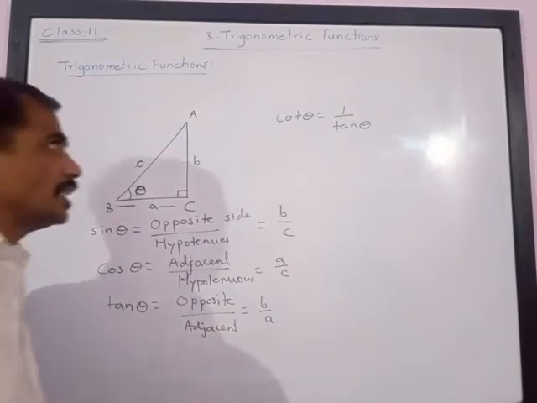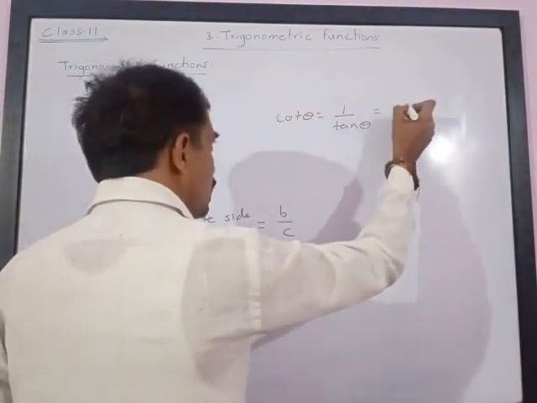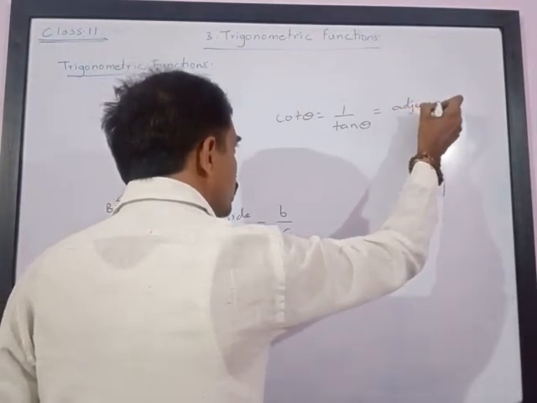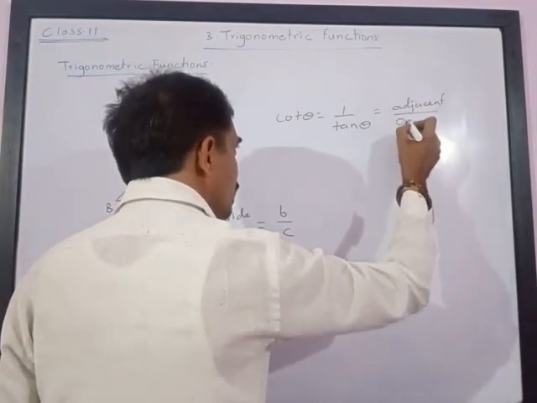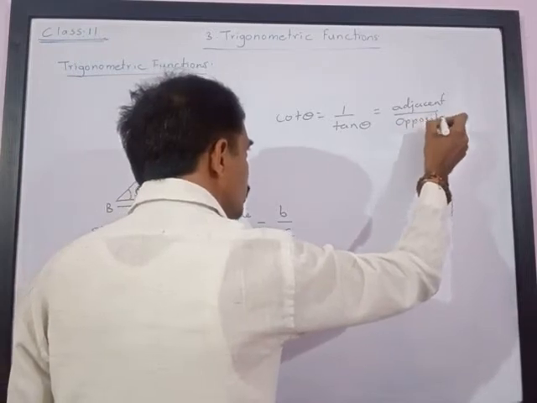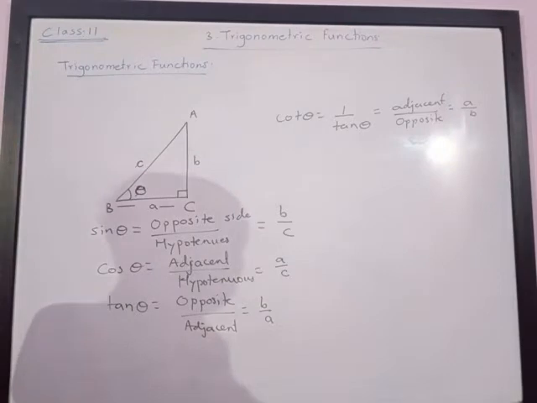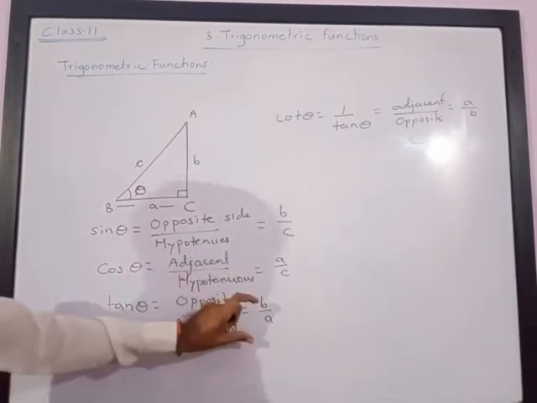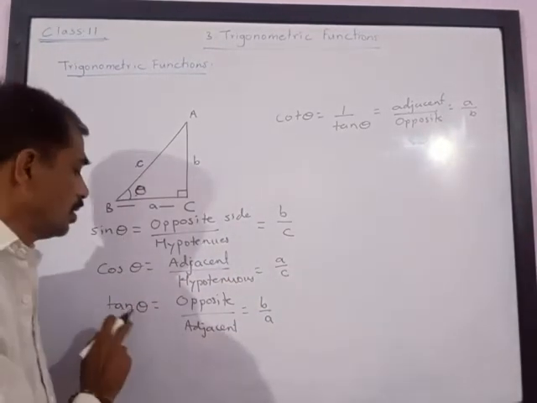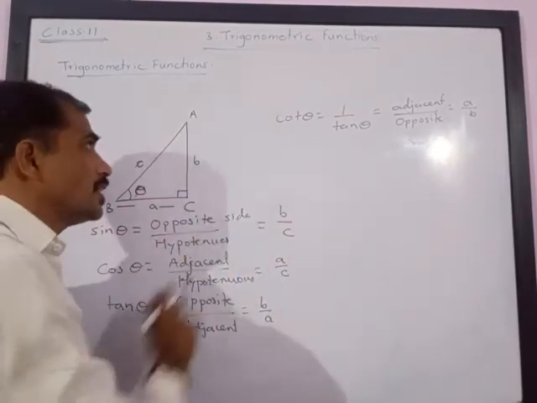It means it is adjacent side upon opposite side, that is equal to a upon b. So this ratio will also become a upon b. It is the inverse, or you can say reciprocal, of tan theta. Cot theta is the reciprocal of tan theta.